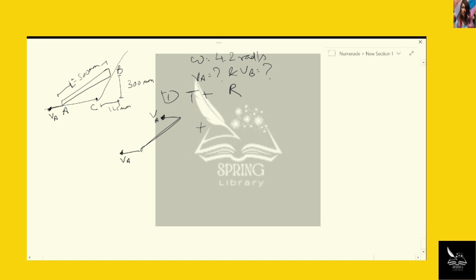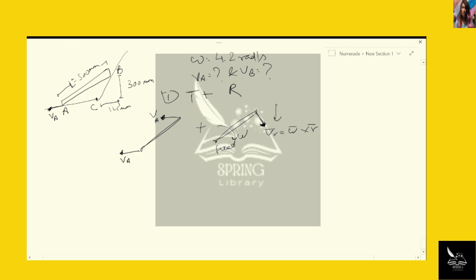Now, since we are using the velocity of A, let's put A fixed for the rotational part, and omega is already given to us, and the rod will fall down. So omega will be in this direction, and VR will always be perpendicular because VR is omega cross R. So it will always be perpendicular, but it will point like this because the rod is falling down.